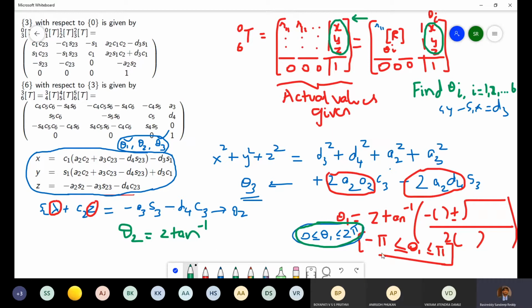So these are the ranges of angles, and because of this plus minus sign you will get two values, right? These define the range of values, and these define the uniqueness. They're clearly not unique; there is more than one solution.